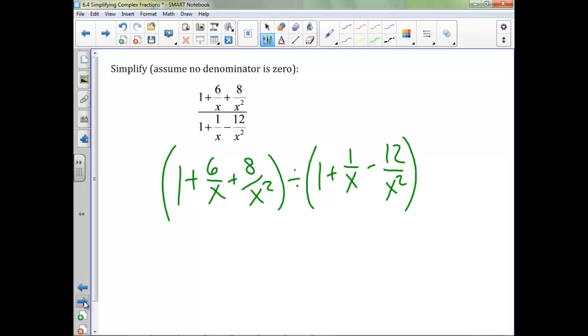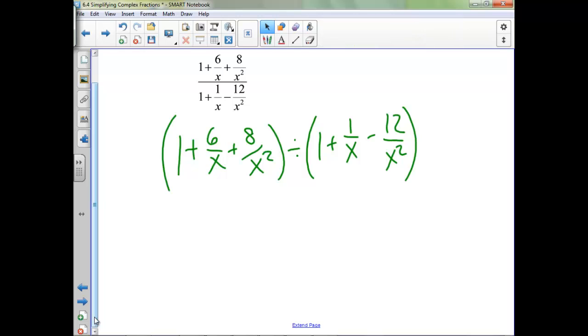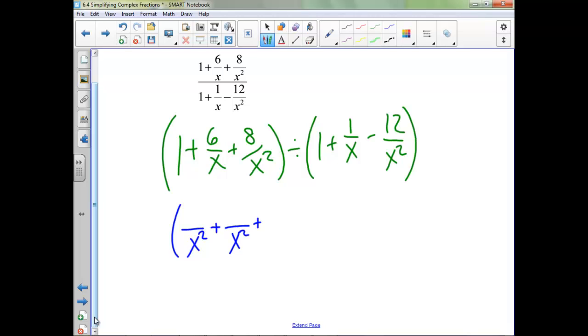And now notice on our left side, our common denominator is going to be x squared. And so this 1 over 1 we have to multiply by x squared over x squared. This middle term we had to multiply by x over x. This last term we didn't have to multiply by anything.